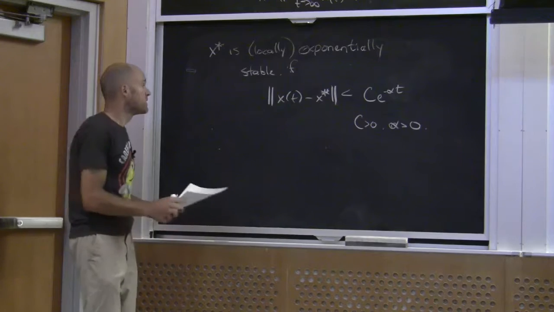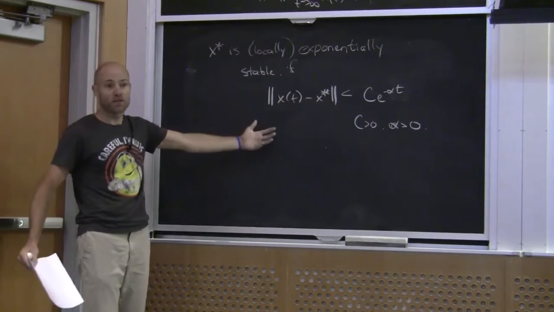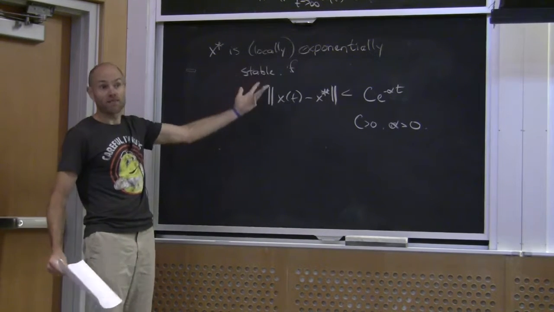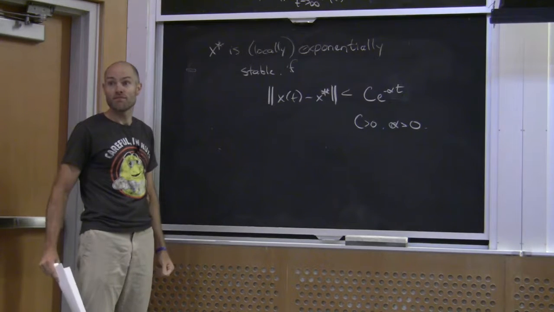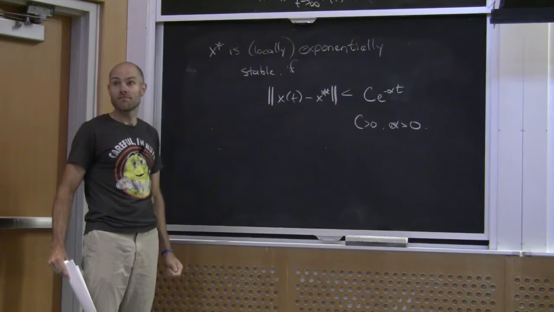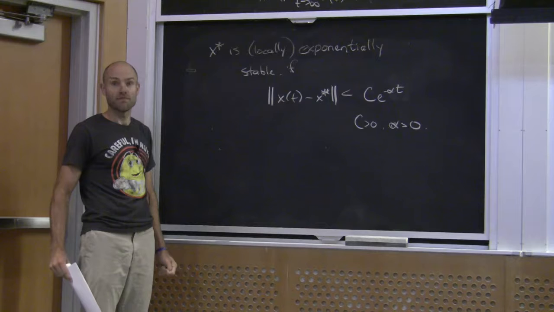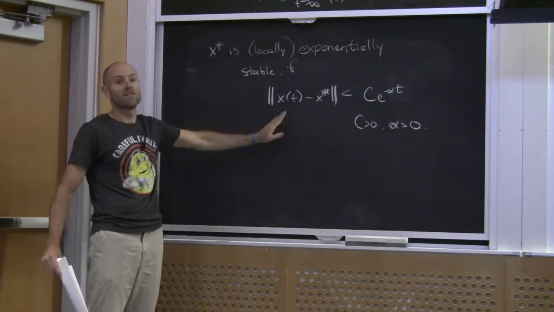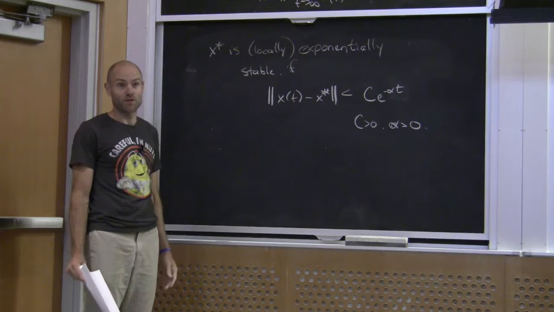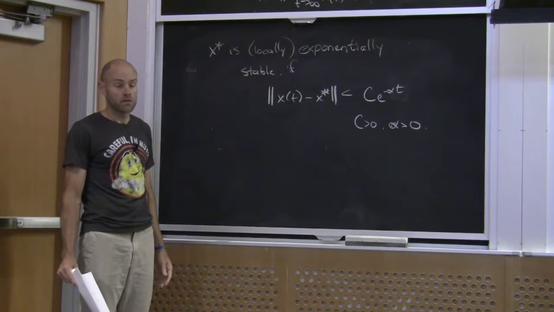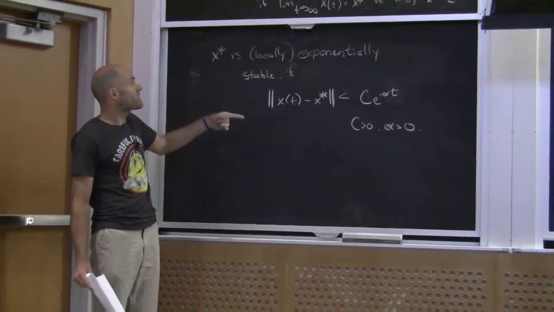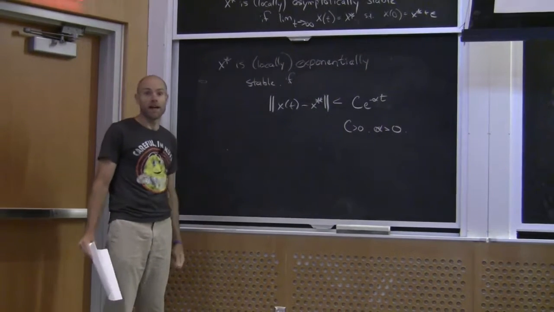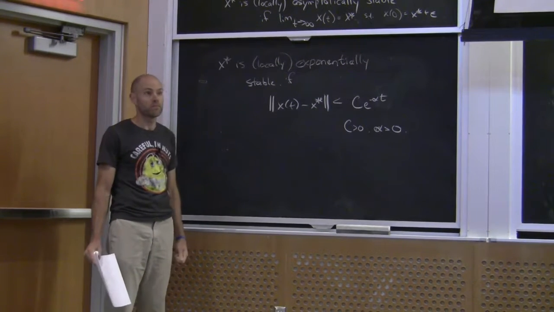All right, so does exponential stability imply asymptotic stability? Yes. If it's exponentially stable, then the limit will also get there as time goes to infinity. Does asymptotic stability imply Lyapunov stability?